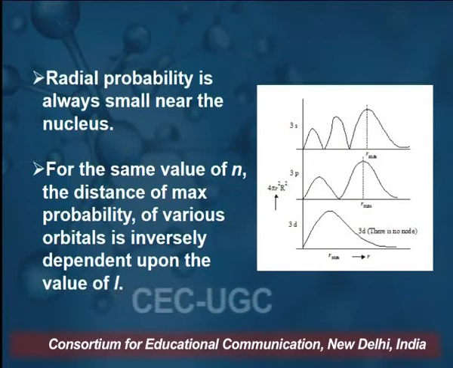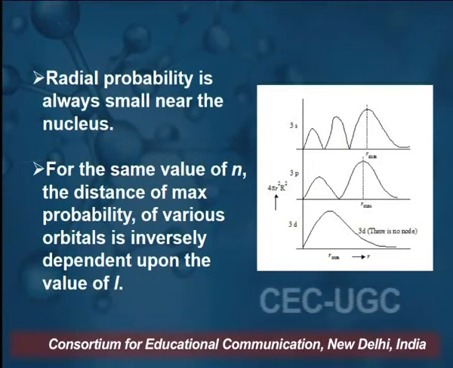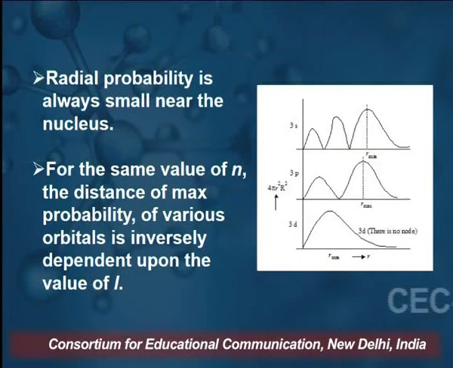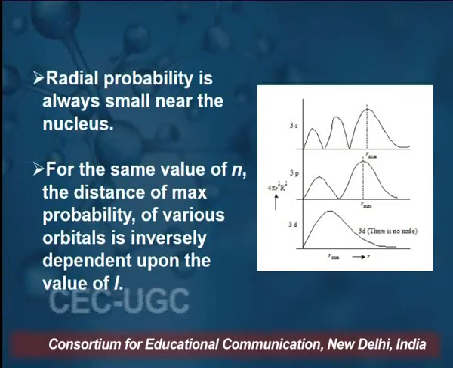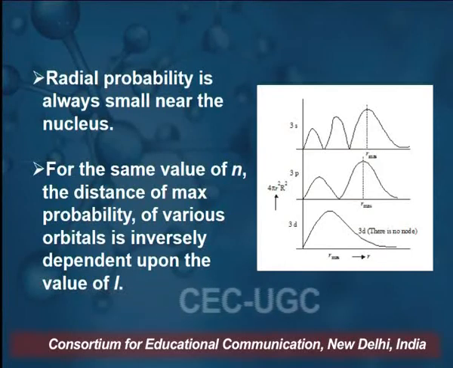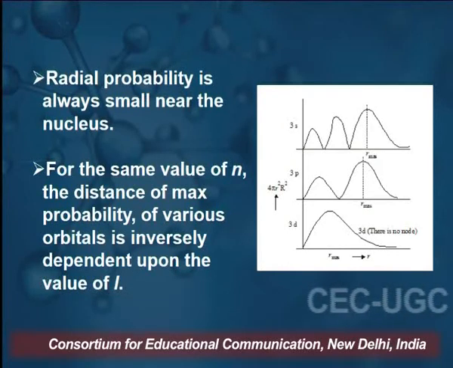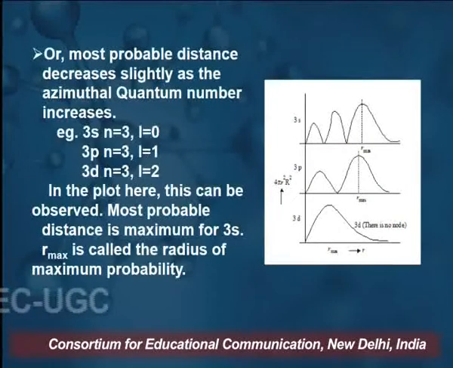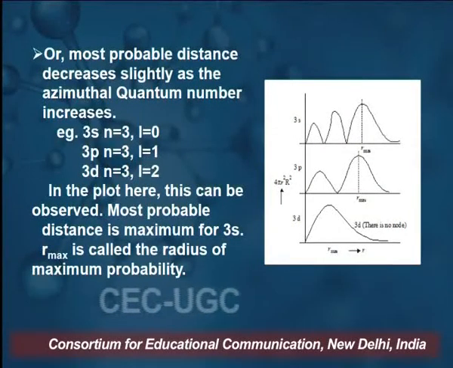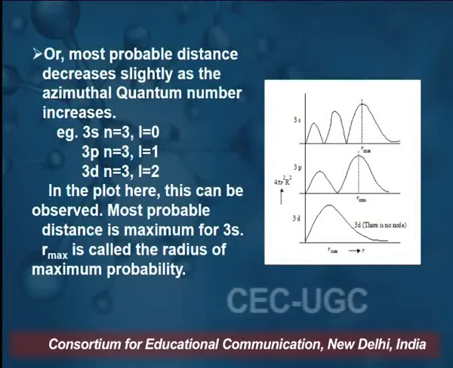For the same value of n, here you can see it is for 3s, 3p and 3d. The n remains the same, it is equal to 3. The distance of maximum probability of various orbitals is inversely dependent on the value of l, or the most probable distance decreases slightly as the azimuthal quantum number increases.